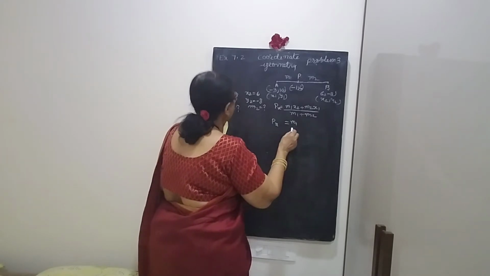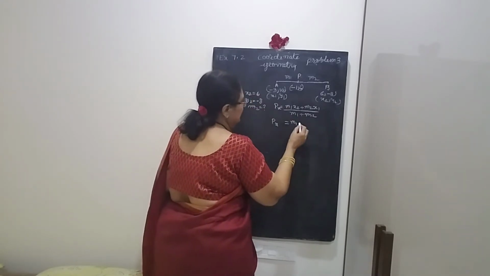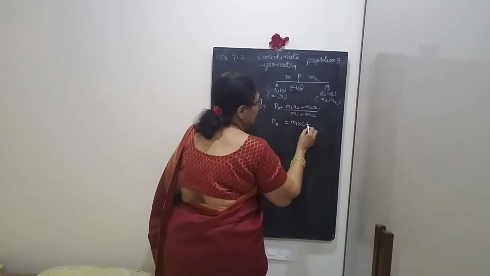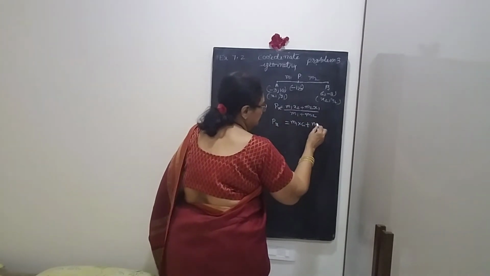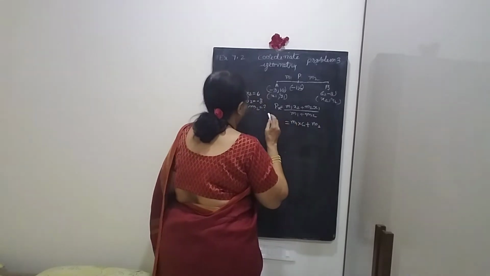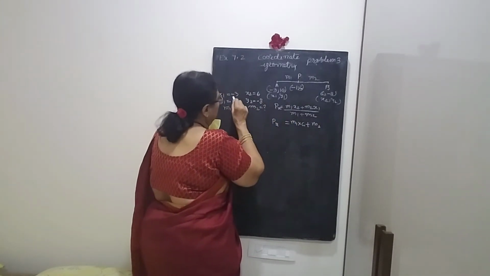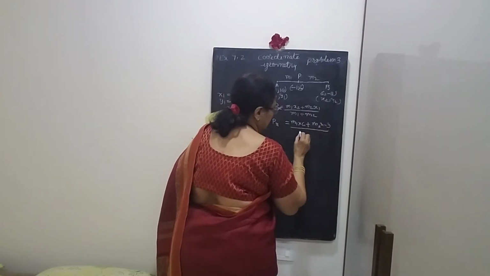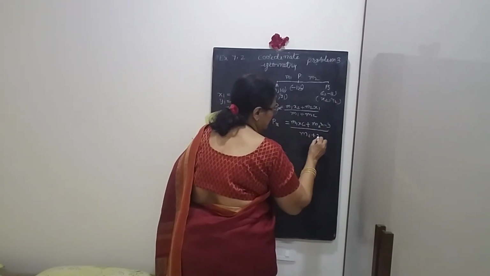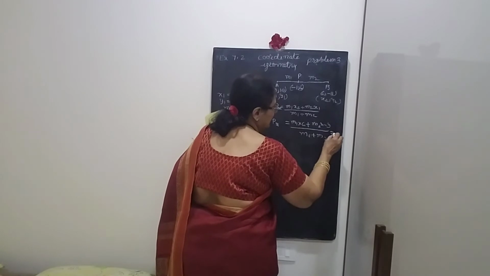M1 is not known and x2 is 6, plus M2. M2 is not known. Still you have to find out y1, x1 is minus 3, by M1 plus M2 is equal to minus 1.